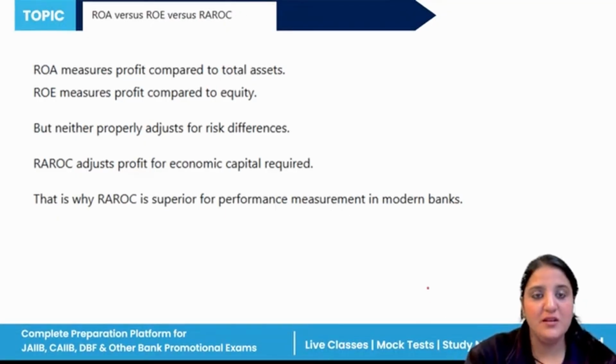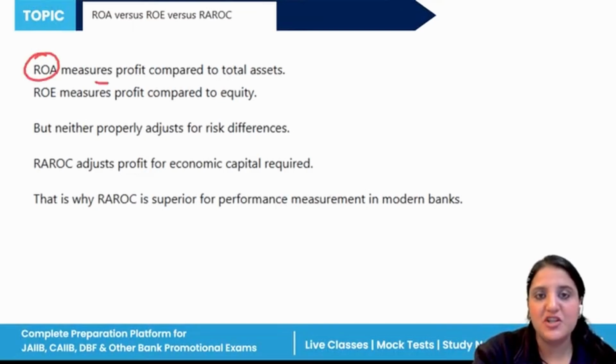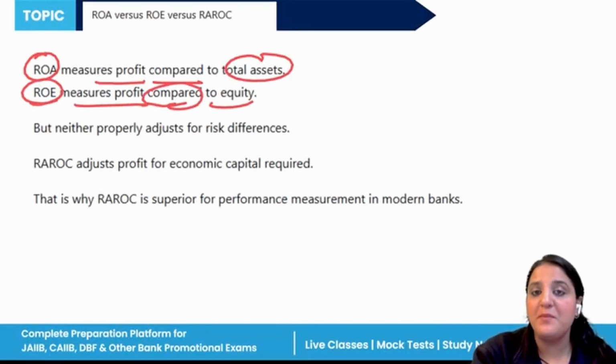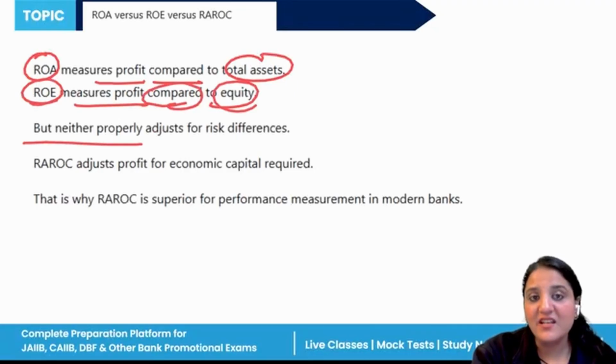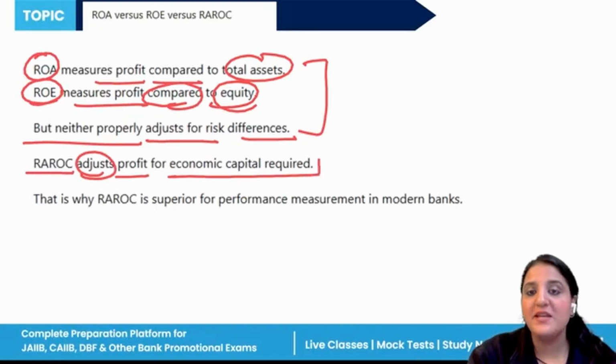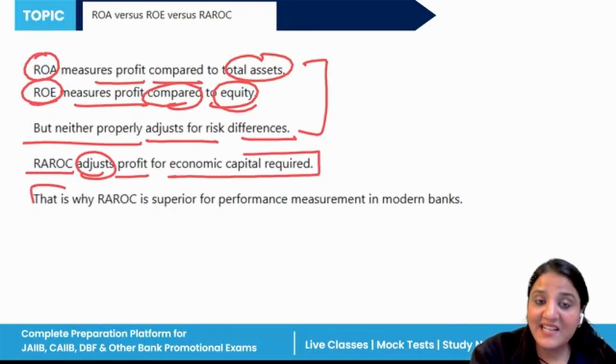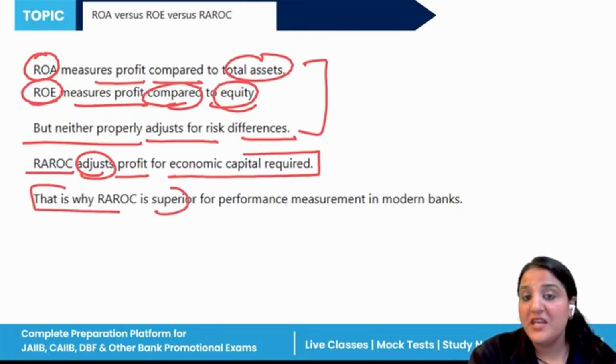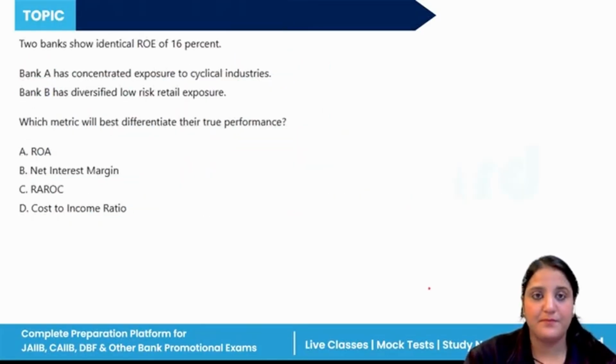Here is the concept. ROA measures profit compared to the total assets. ROE measures profit compared to the equity, but neither is properly adjusted for risk differences. RAROC adjusts profit for economic capital required. That is why RAROC is superior for performance measurement in modern banks.